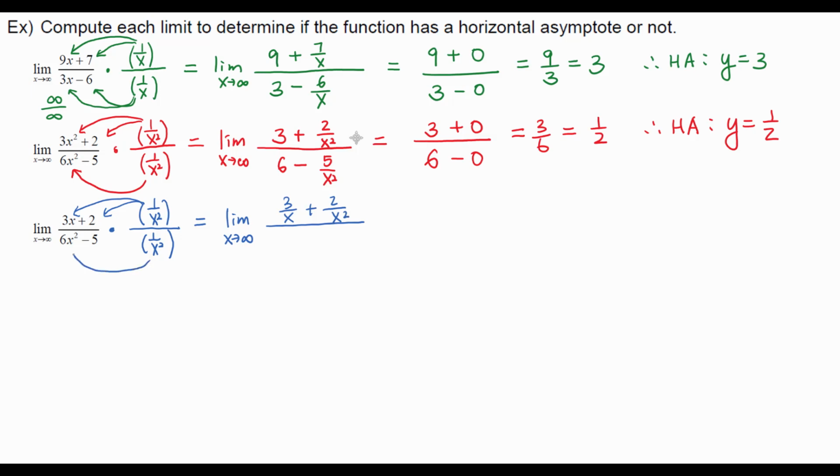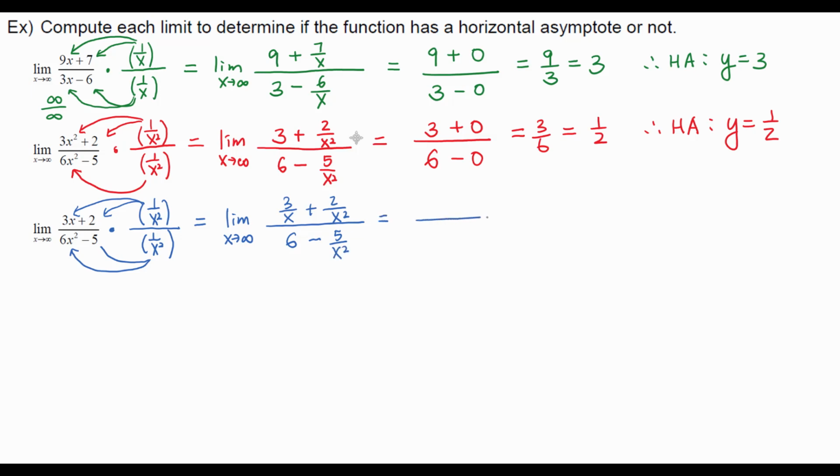When you distribute the first term of the denominator, x squared cancels, so you get 6. And when you multiply the second term of the denominator, negative 5 times 1 over x squared will give you negative 5 over x squared.